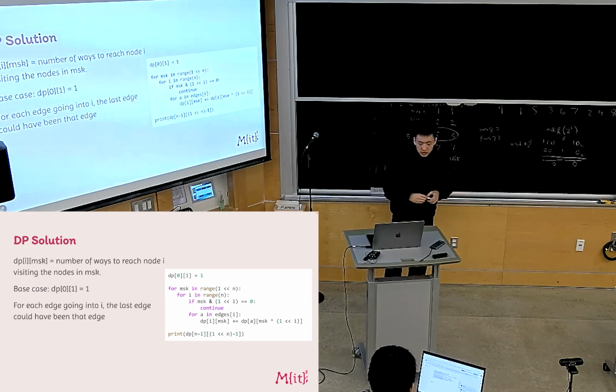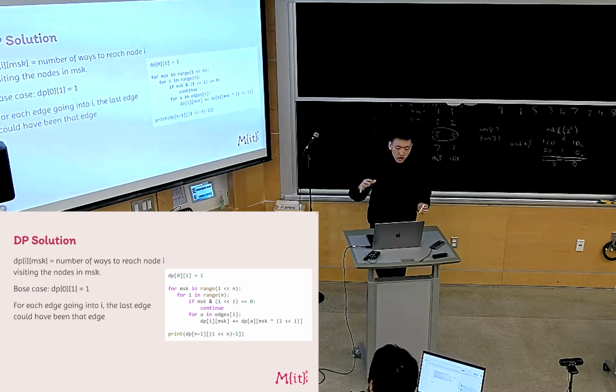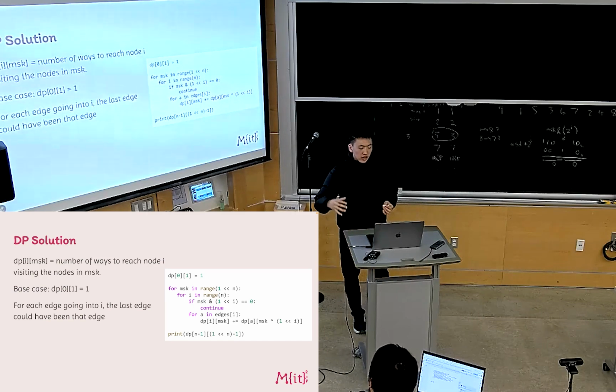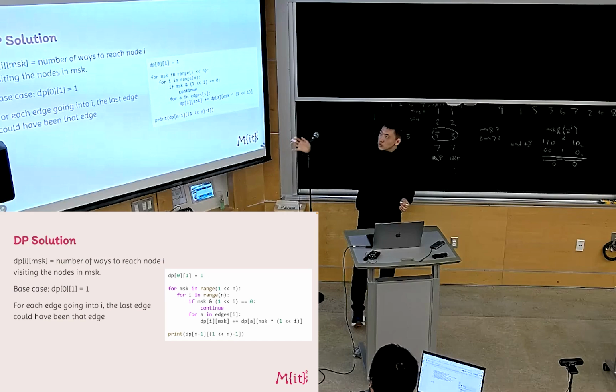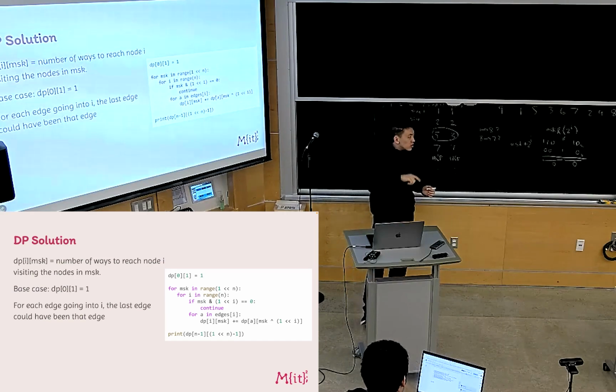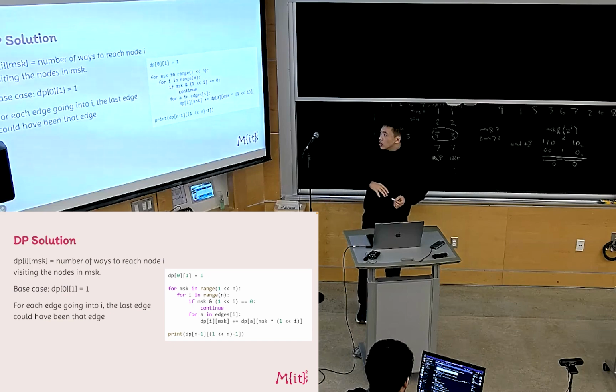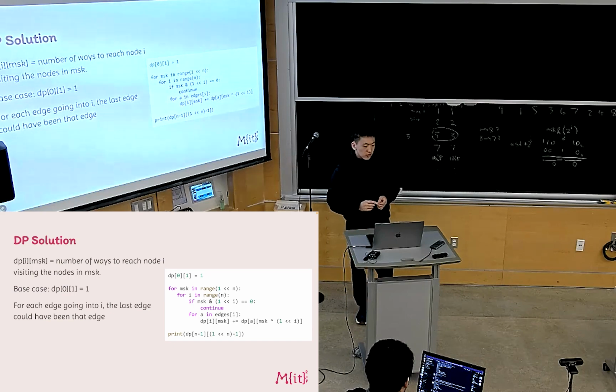And so we can just add the DP value to our DP while checking whether that edge exists. That's essentially what this code is doing. We're iterating over all the edges, checking whether those nodes are in the mask, and then adding that DP value.